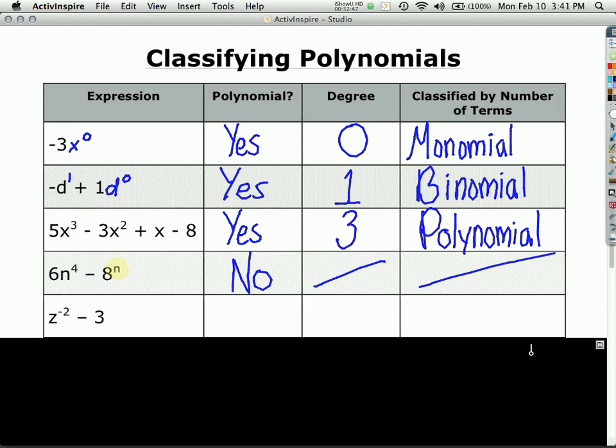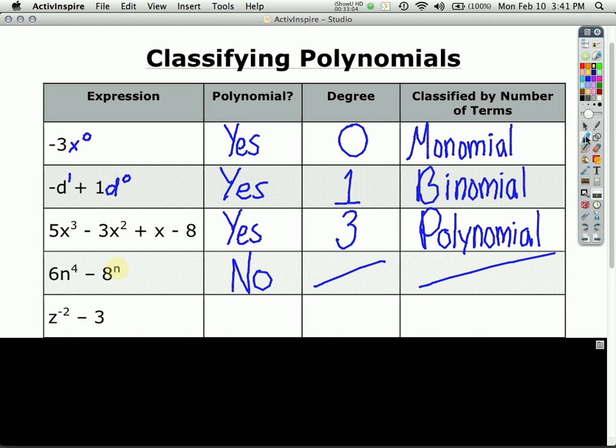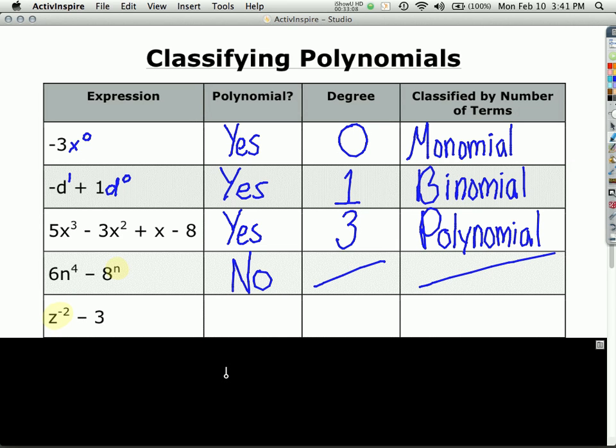Here's another one. z to the negative second minus 3. Now, this looks like it's a polynomial, but you learned last chapter what a negative exponent really means. So let's just look at this for a moment. Could someone tell us what that really says? What does it really say, Alicia? Very, very good.